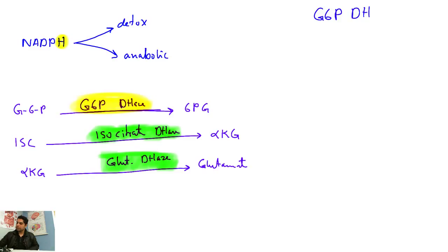Now, if you have a deficiency of this enzyme, what's the problem? Number one, this enzyme gene is located on the X chromosome, so it's inherited in an X-linked recessive fashion. So who's affected by this? Boys. That's the first thing. Where is this deficiency more common?